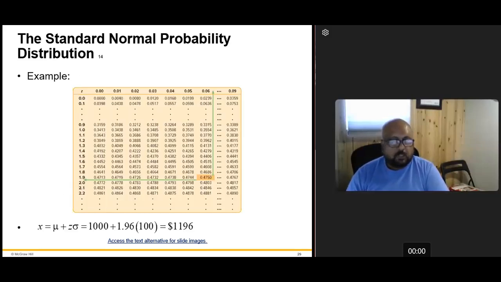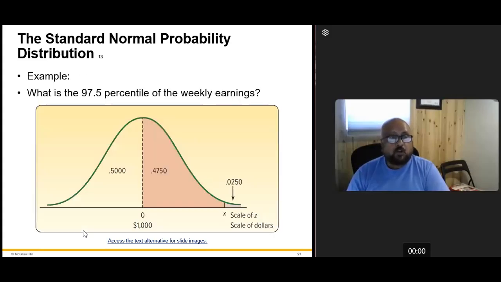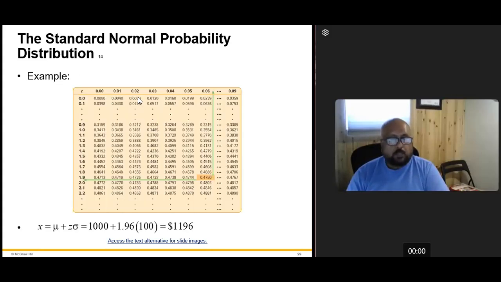Okay. We can also find the value of X corresponding to this. Which value corresponds to this 97.5 percentile? We can simply use this formula: X is equal to mu plus Z sigma. It's the same formula we have been using to find the value of Z, just rearranged, right?